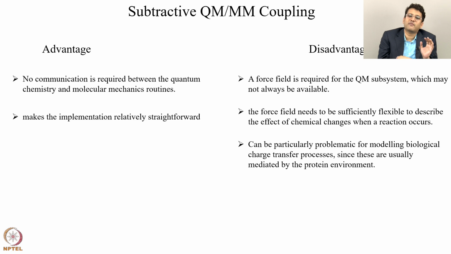Sometimes it becomes very difficult to take care of a system where there is a charge transfer from the main subsystem to the environment or from the environment to the main subsystem, or if you are dealing with an excited state calculation. Remember, the QM part can be anything, it can be an excited state method also. So, this can be a particularly problematic case where you have a QM region where some charge distribution is happening.